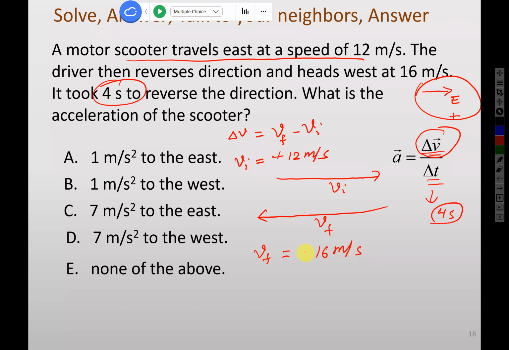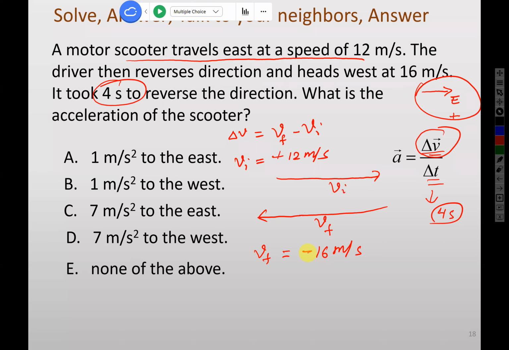That's right, negative 16 meters per second. So I am drawing and writing as well so that you can go with either method, and either way you'll get the same result. But also learn to draw and visualize, so that in some cases, just by drawing, you will have an idea how to do it.